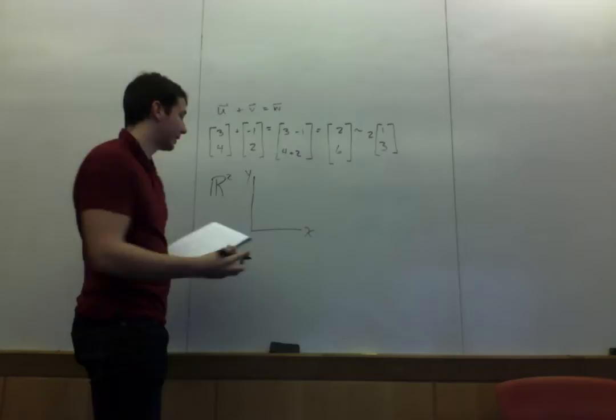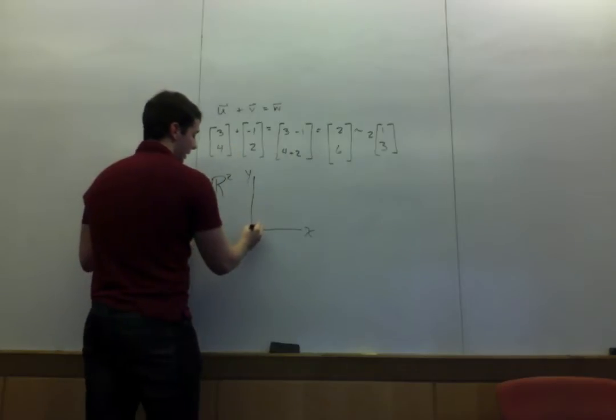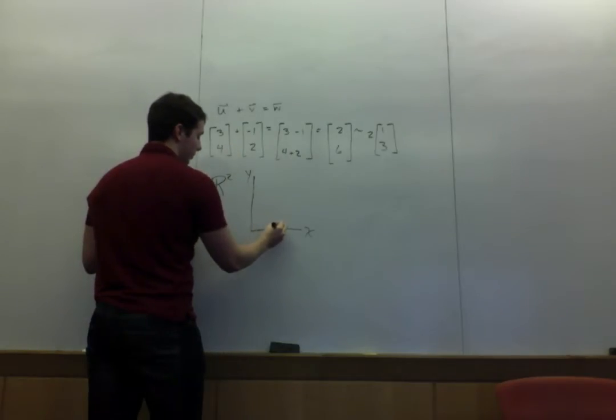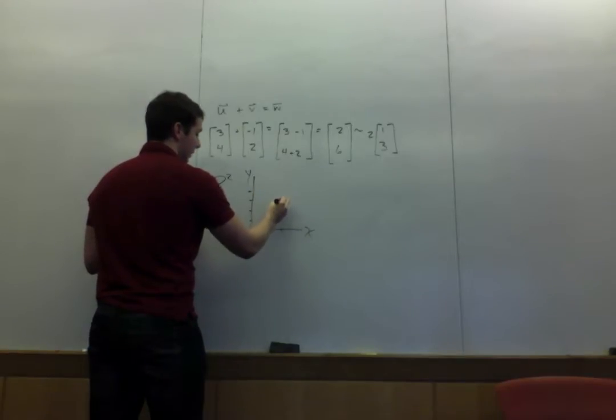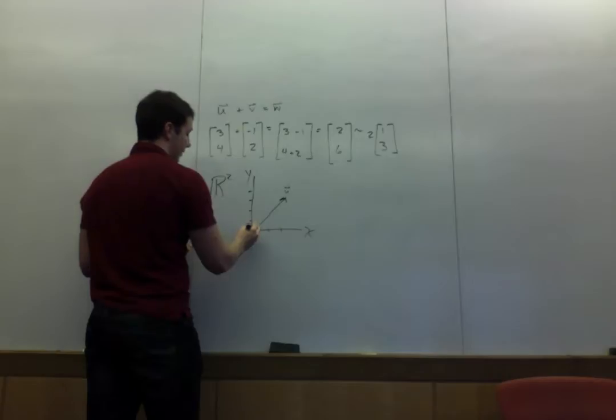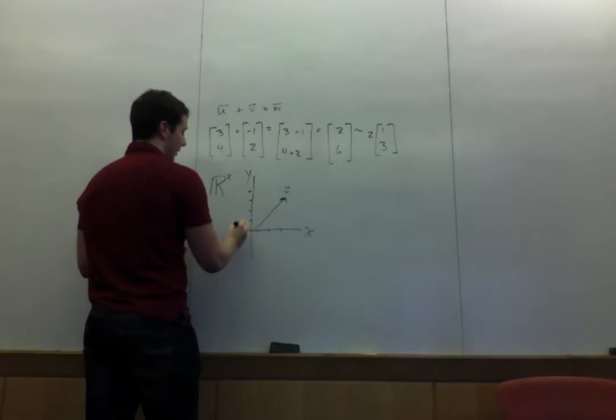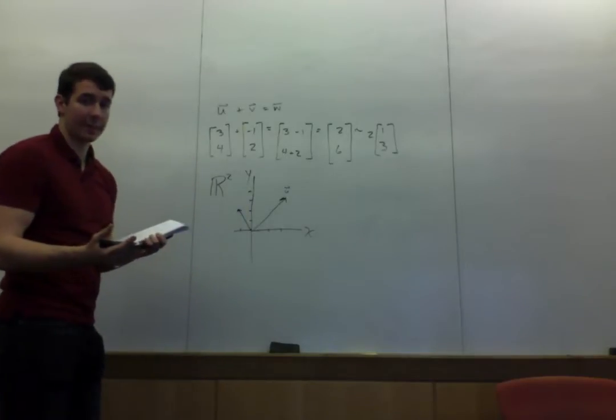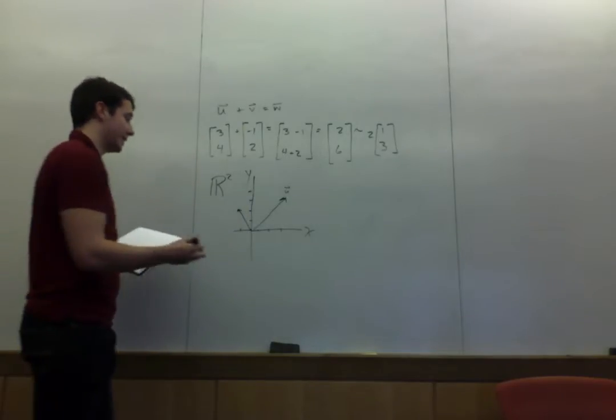Representing this graphically, we could say, we have 1, 2, 3, and then 1, 2, 3, 4. So this would be our vector u, and then we have our vector -1, 2, which is our vector v. And we can actually graphically add these as well.